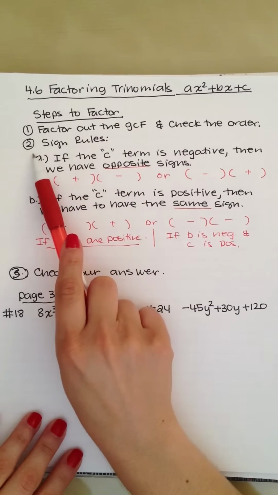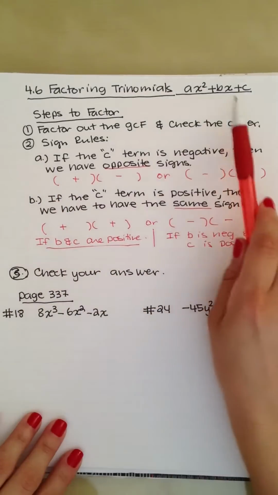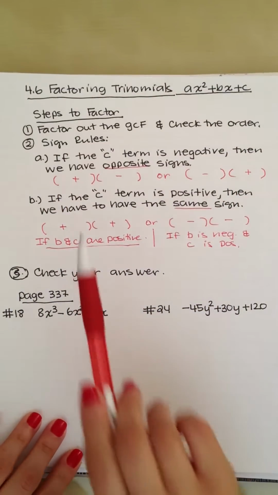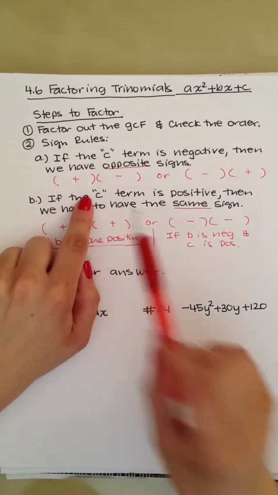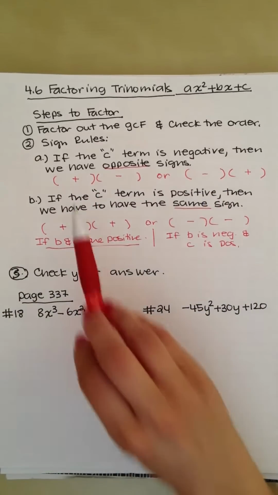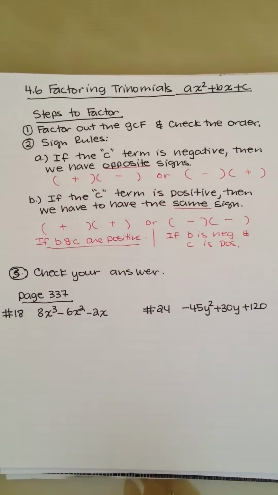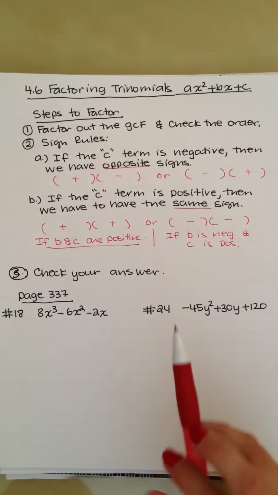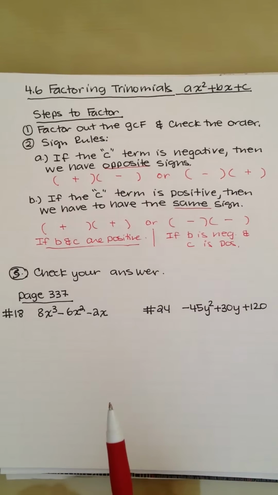And then the second step is, when we factor trinomials, remember that you use two parentheses. So we have two possible parentheses, and you have to determine what the signs in the parentheses are. There's two rules or two possibilities, and it's good to remember the sign rules because it makes factoring a lot easier.